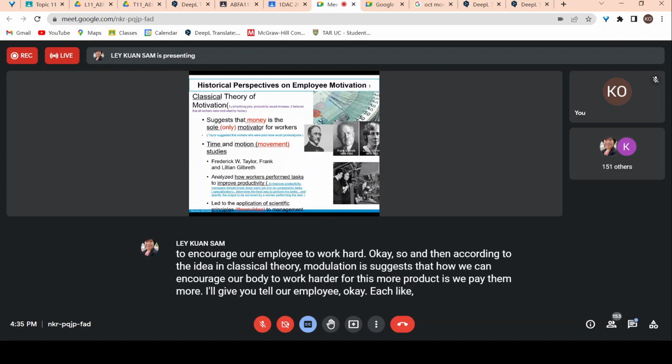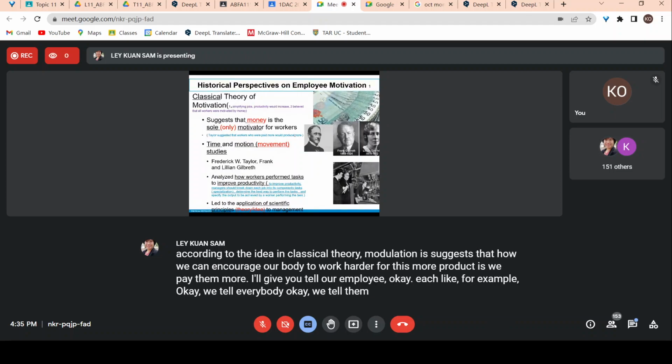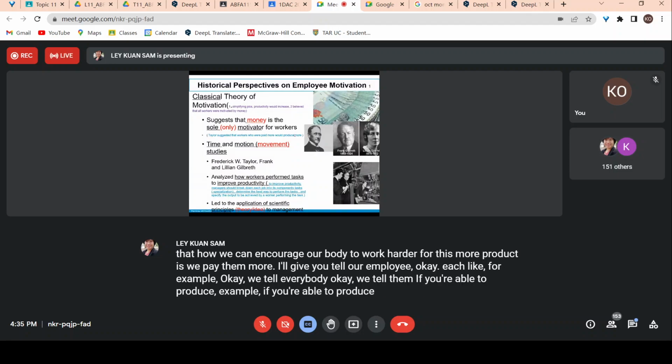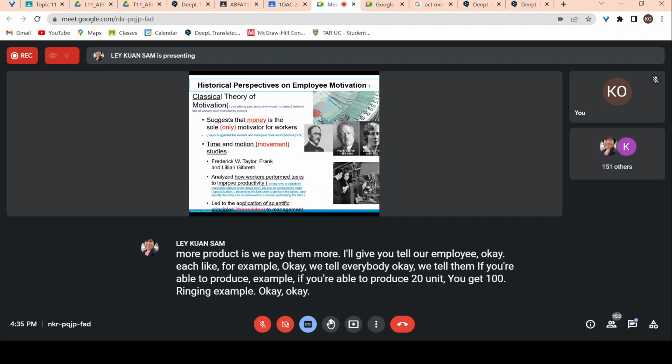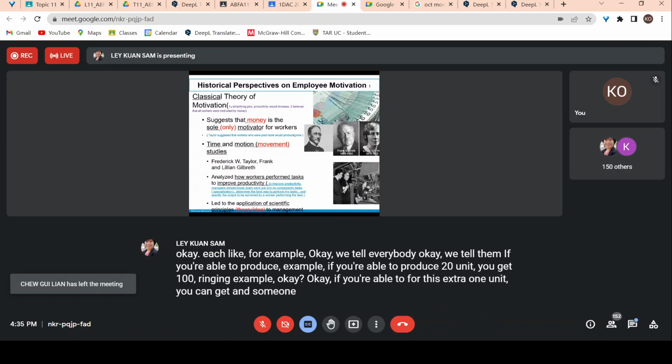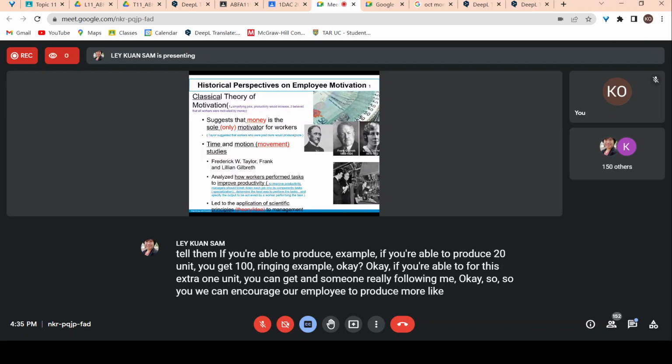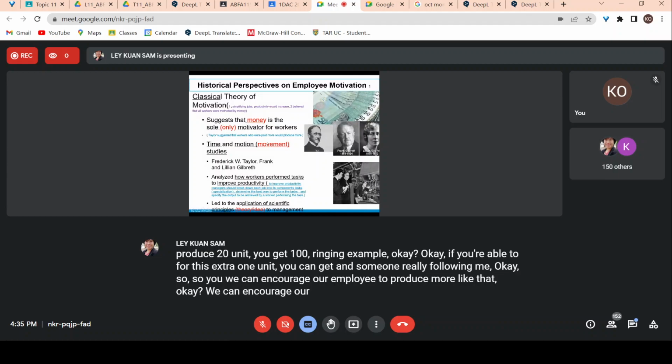For example, we tell them, if you're able to produce 20 units per day, you get 100 ringgit. If you're able to produce an extra 1 unit, you get an extra 4 ringgit. So we can encourage our employees to produce more by paying them more.